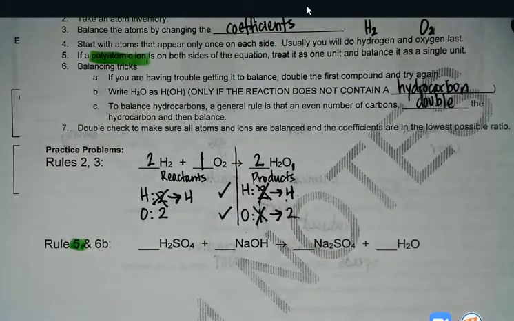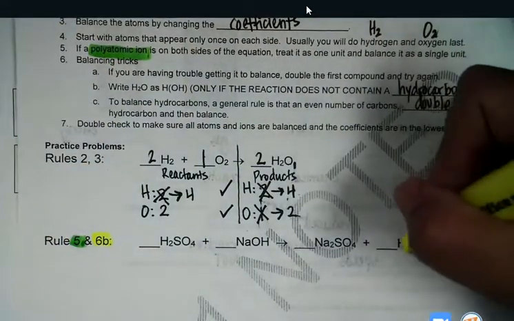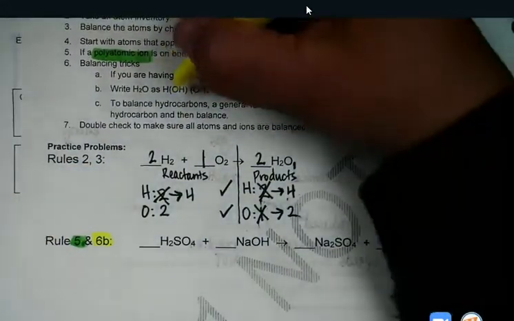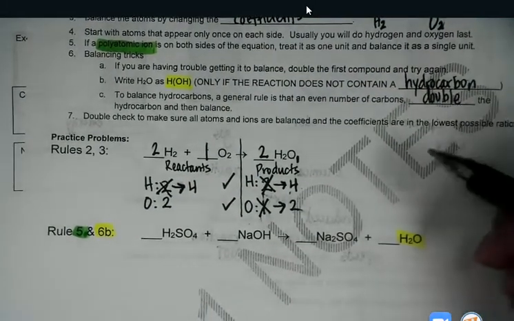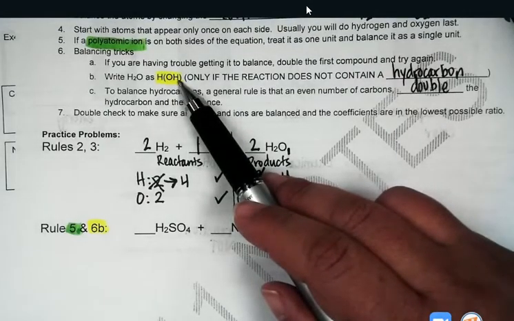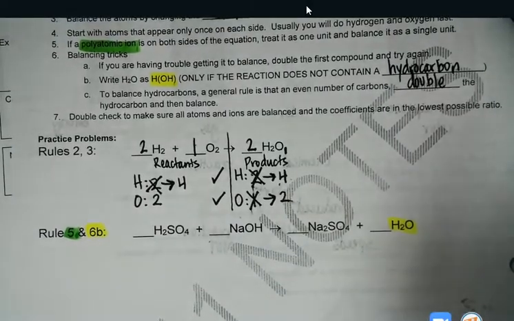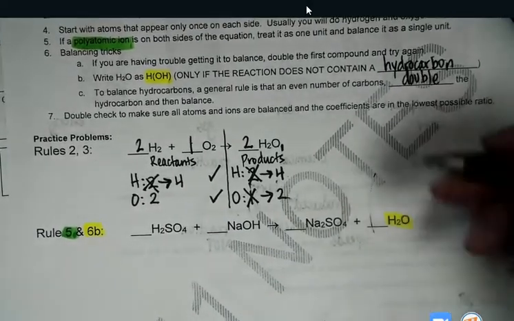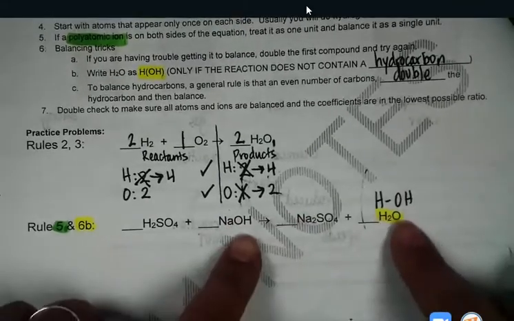And 6 is that I'm going to write H2O as HOH. Now, this is where you got to be careful. Writing H2O as HOH, you should only do that if you have OH over here.